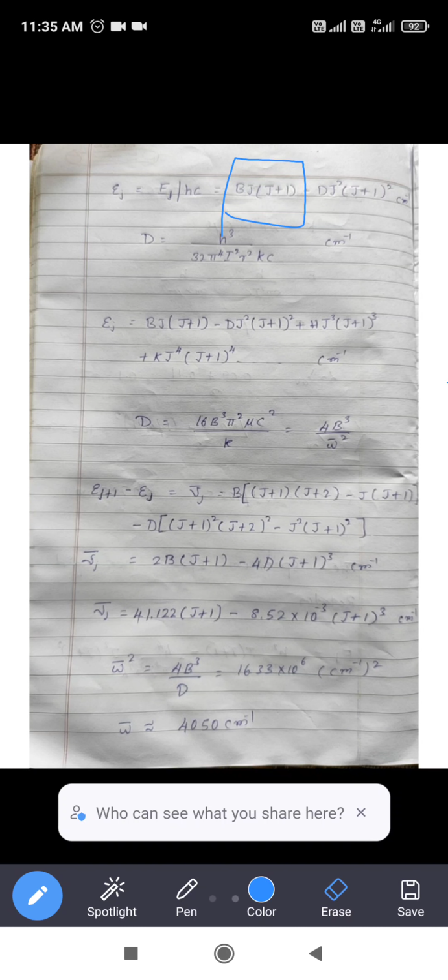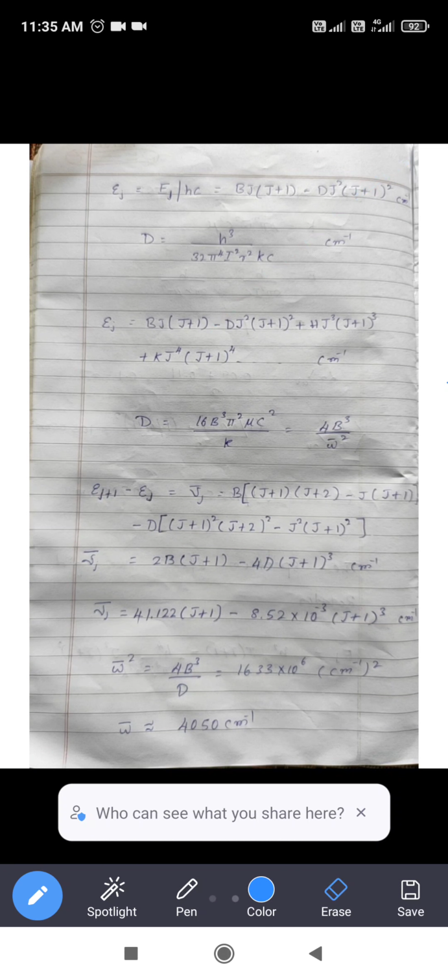Then minus D times J plus 1 whole squared into J plus 2 whole squared, because EJ contains D times J squared into J plus 1 whole squared. So replace J by J plus 1, we get J plus 1 squared into J plus 2 squared minus J squared into J plus 1 whole squared.